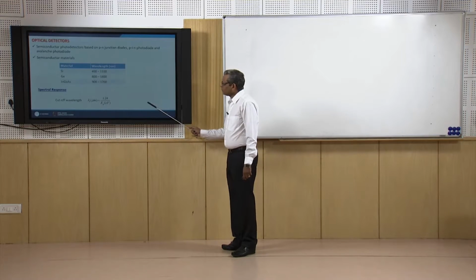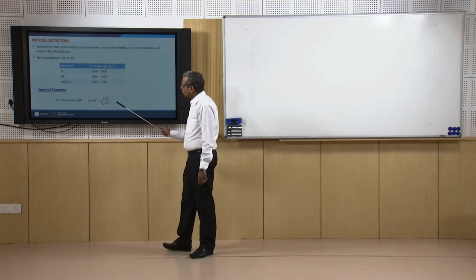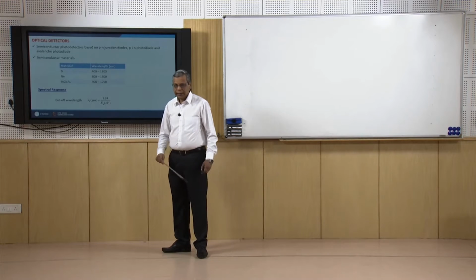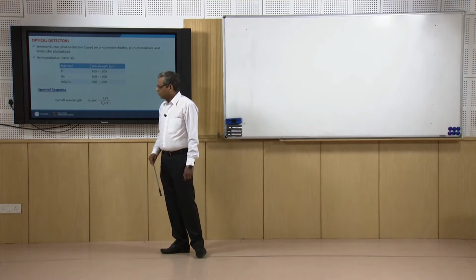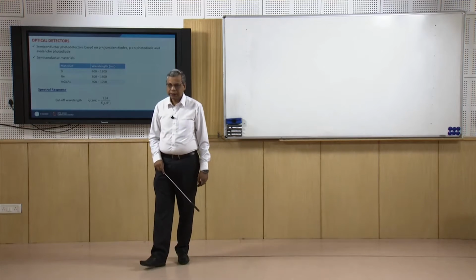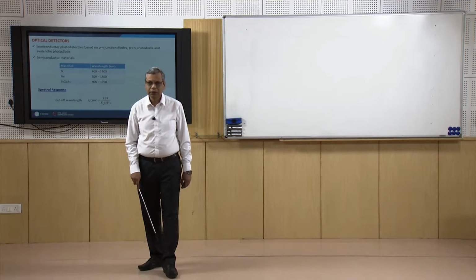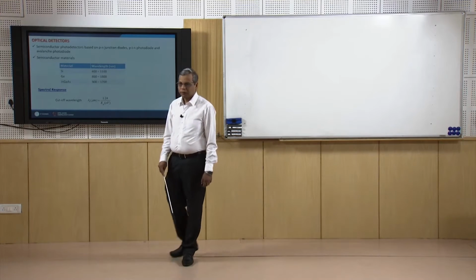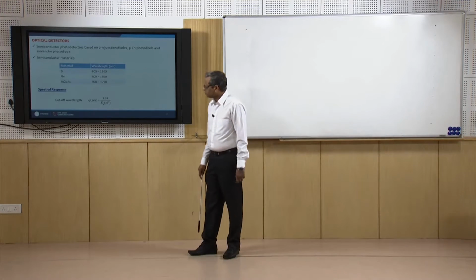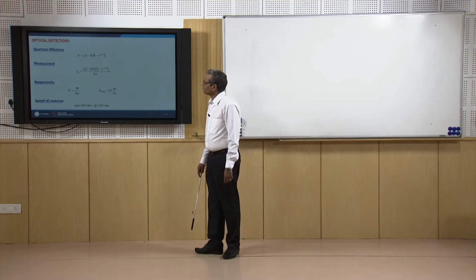So, for all the wavelengths smaller than lambda c, the light would be absorbed, while for the wavelengths lambda greater than lambda c, the energy is not sufficient to overcome the band gap, and therefore, they would not be absorbed.